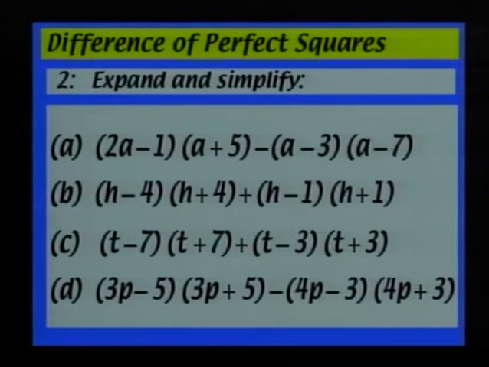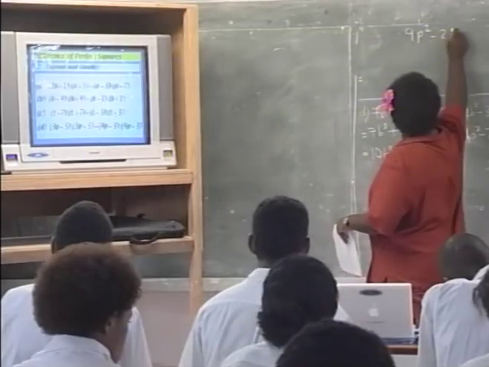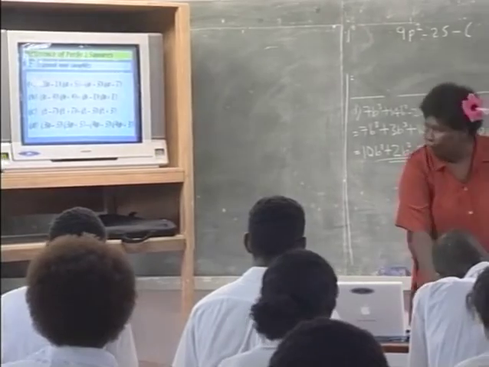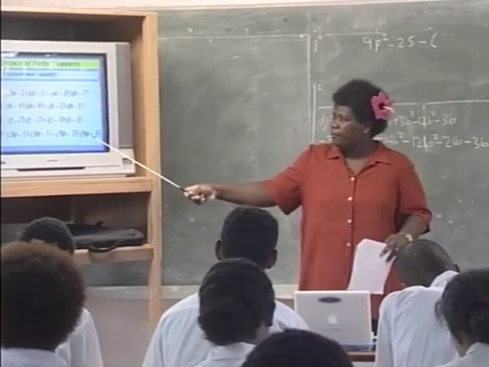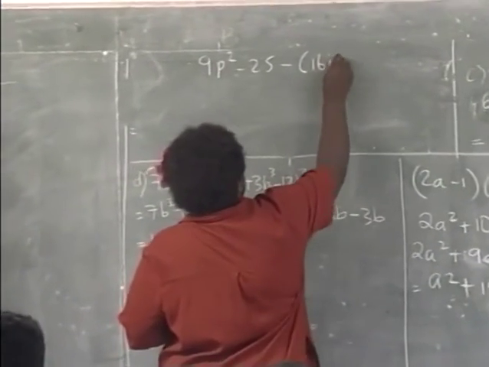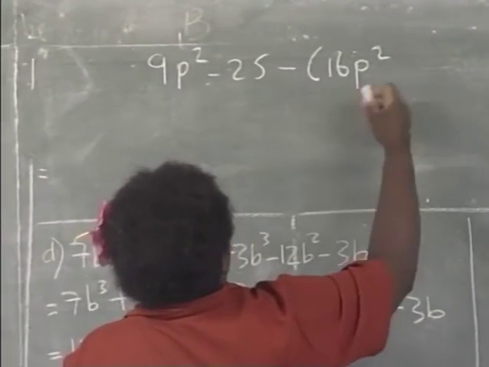We are looking at letter D on this exercise. 3p minus 5 times 3p plus 5 will give us 9p squared minus 25. All right, minus 4p minus 3 times 4p plus 3 will give us 16p squared minus 9.